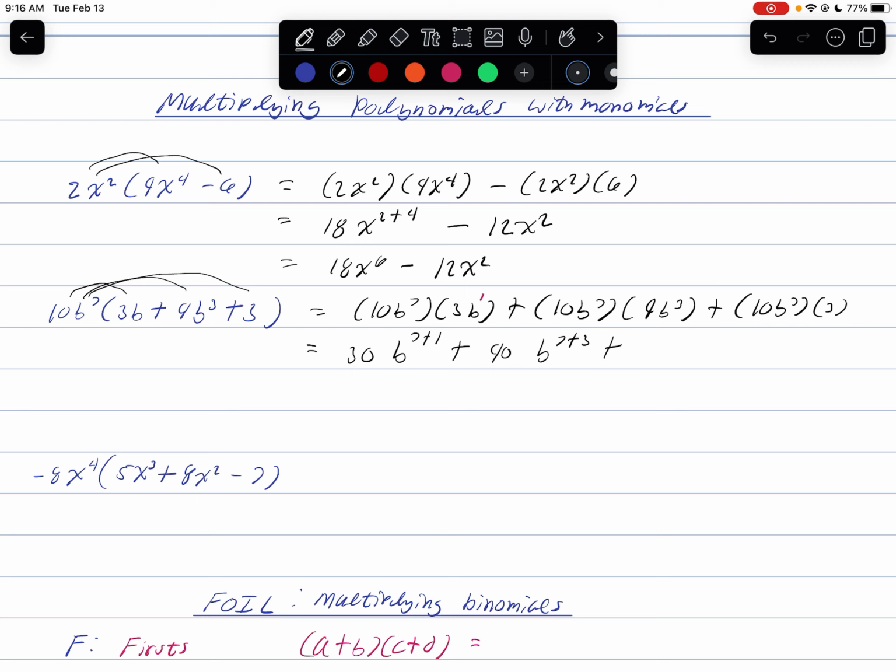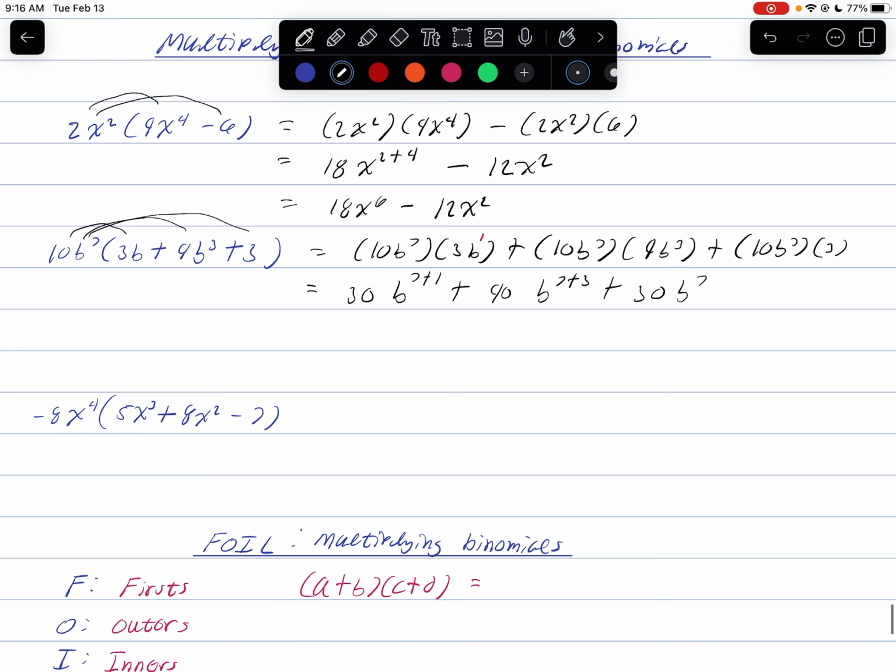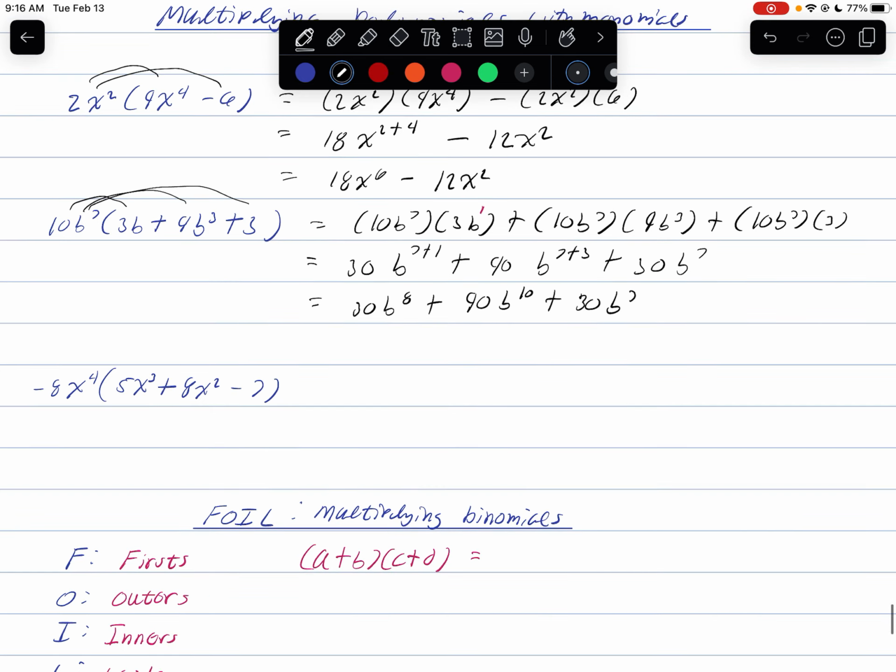And for this last term, we have 10b to the 7th times 3. So 10 times 3 is, again, 30. And then b to the 7th is just by itself. So we have 30b to the 8th plus 90b to the 10th plus 30b to the 7th. So that's what that's going to look like.